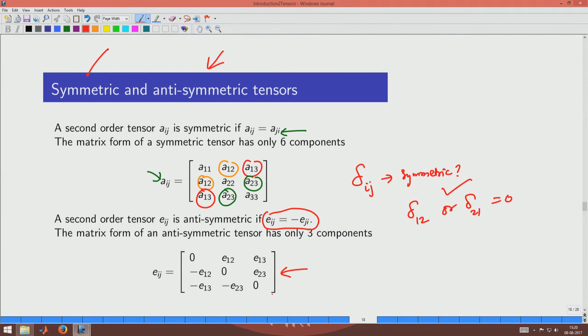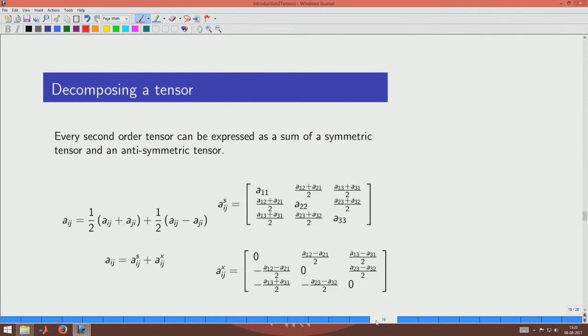Okay. So, these are the types of characterizations we give for a tensor, and then there is a theorem which tells you that any tensor can be expressed as a sum of a symmetric and an anti-symmetric tensor. So, you can take any second order tensor and call it two parts, where one part is symmetric and another part is anti-symmetric. So, we can do that here. Let us say Aij is any arbitrary tensor of order 2.